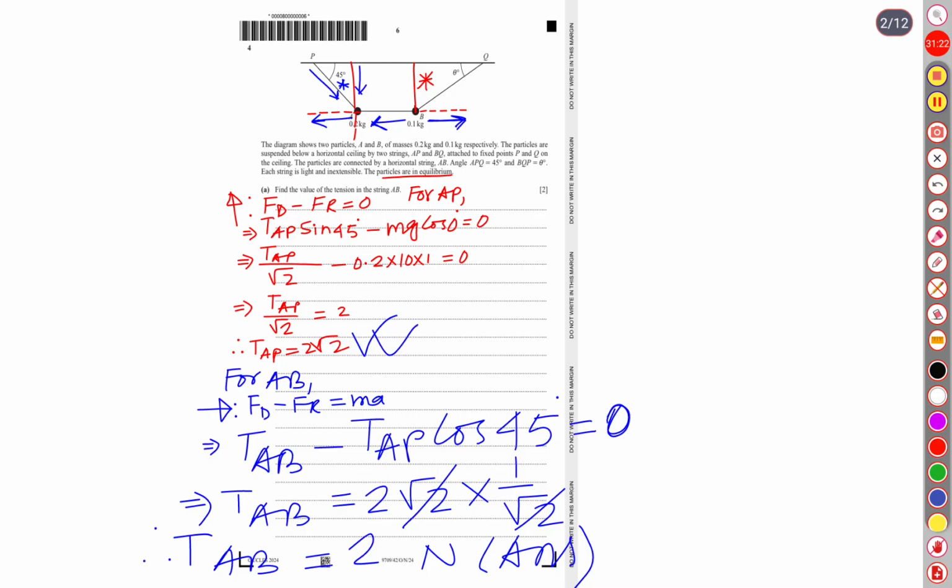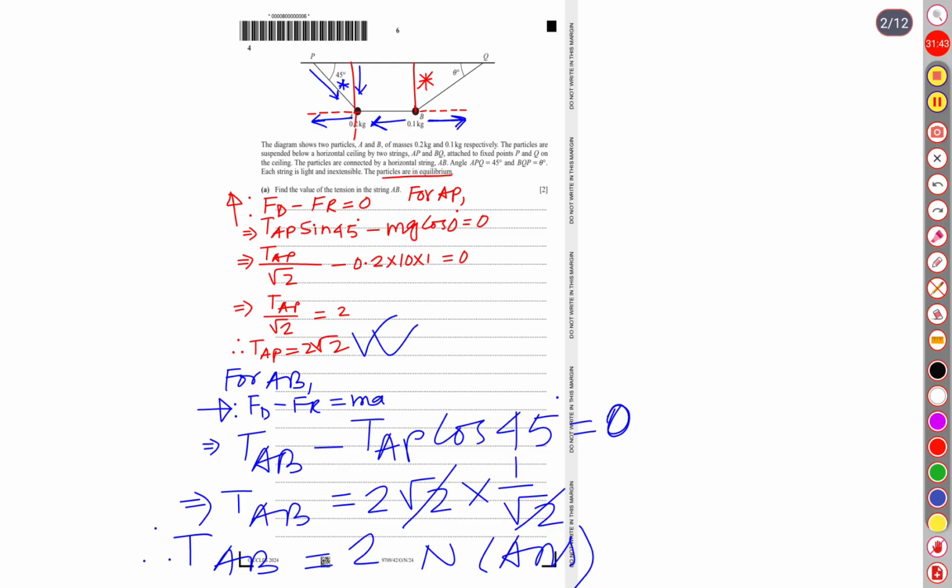Four times in total among these two solutions we have applied the same concept of motion law of Newton. Four times we did apply it. That means we have found the resultant forces acting horizontally and vertically.